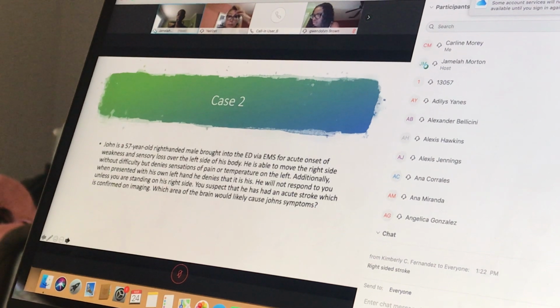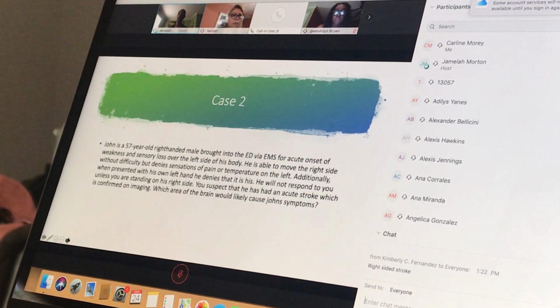He's able to move the right side without difficulty, but denies sensation of pain or temperature on the left. Additionally, when presented with his own left hand, he denies that it is his. He will not respond to you unless you're standing on his right side. You suspect that he had a stroke, which is confirmed on imaging. Which area of the brain would likely cause John's symptoms?